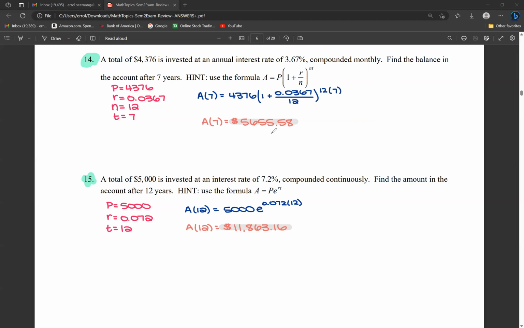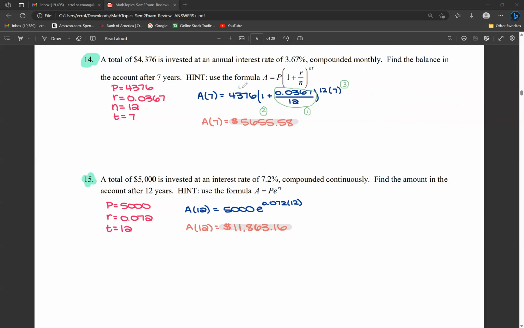So basically do it in this order. Let me do it in green. Do this part first. Then add 1, add the 1 second. Then raise that entire parentheses to the 84, do that part third.